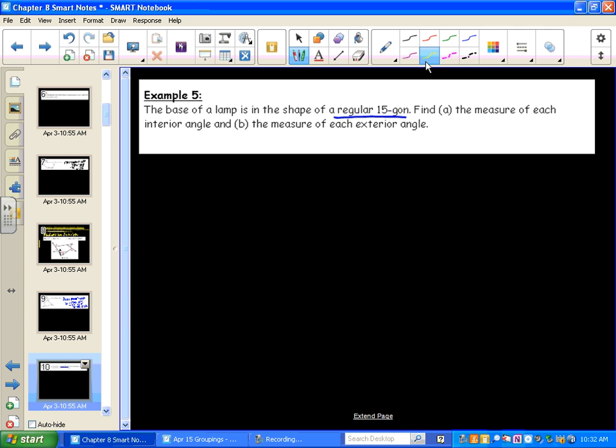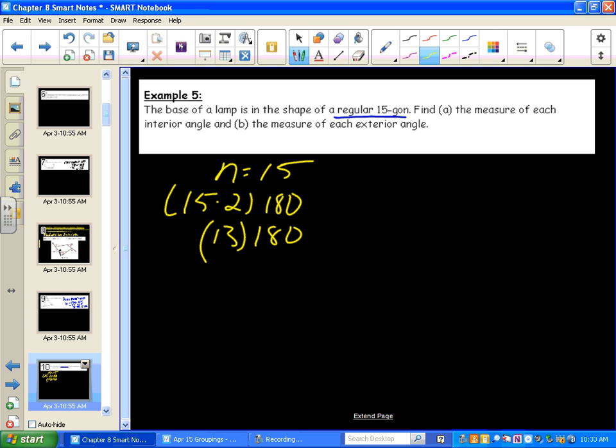So, we want to find the measure of each interior angle and each exterior angle. Pierce, how are we going to do it? So we would do 15 minus 2 times 180. That's 13 times 180, which is what? 2,340. Good. That 2,340 degrees, Daniela, what does it represent?